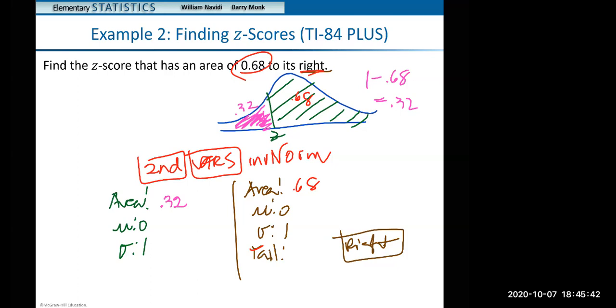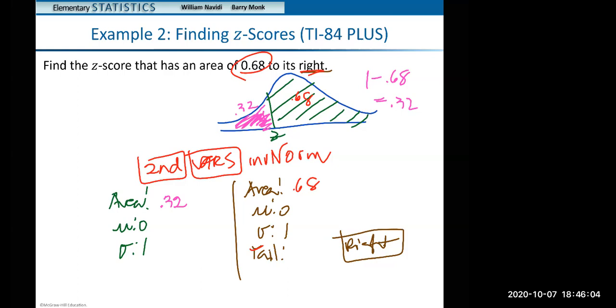Are we doing this one differently than the previous one? For what? The previous example. Yeah, that one is to its left. So when it's to the left, we type in what's given, but when it's to the right, we always have to type in what's to the left.